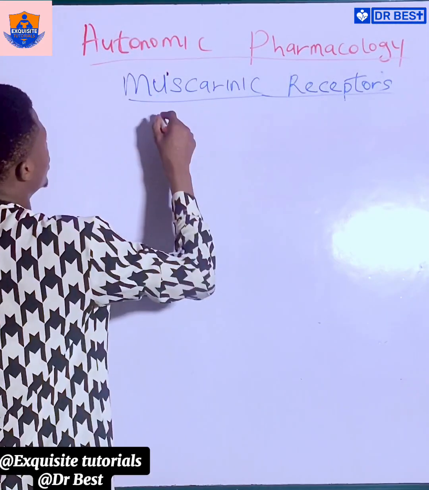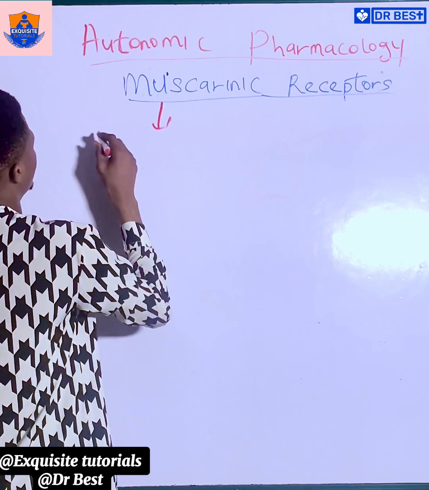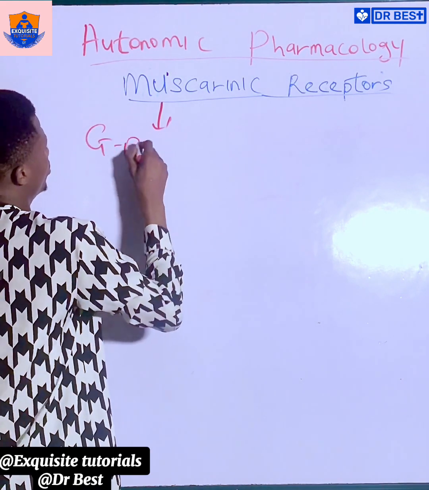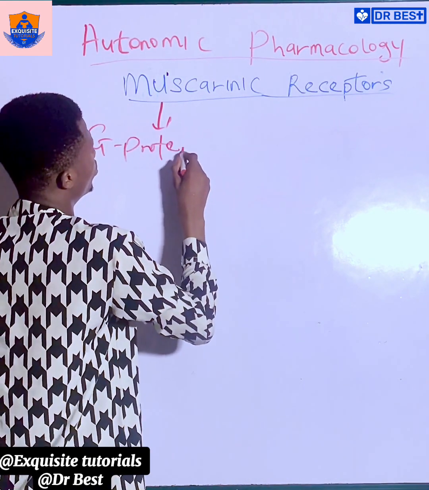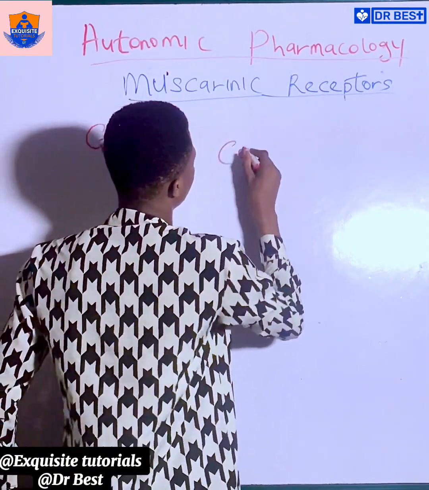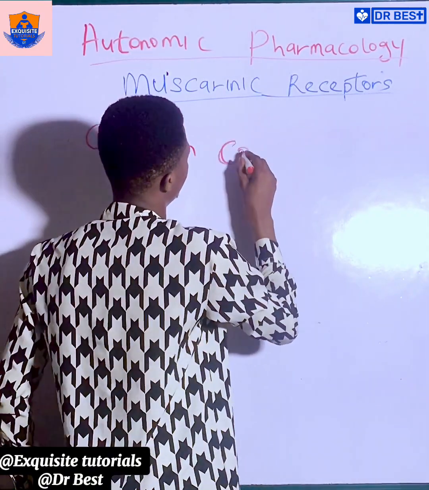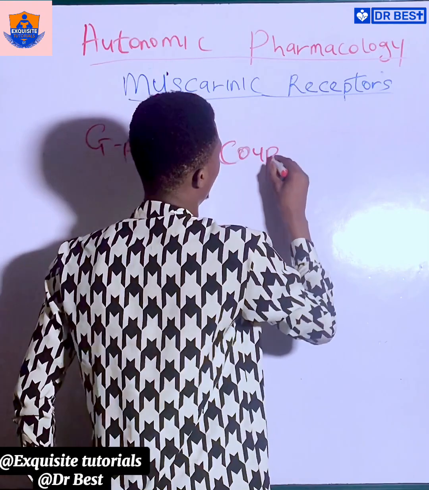Now let's proceed. Muscarinic receptors are G protein coupled receptors.